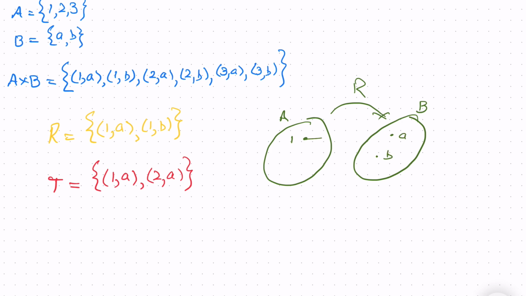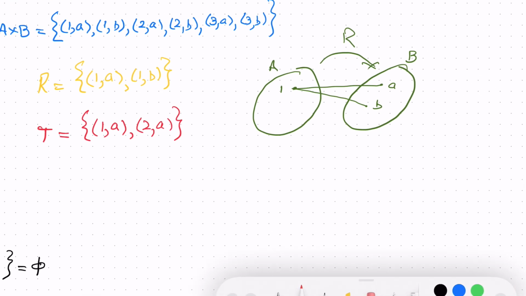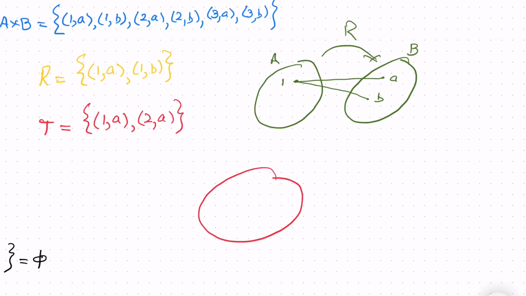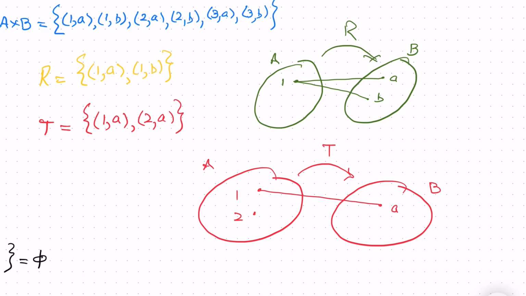And we see that 1 is related to a and 1 is related to b. And the second one is T. So once again, we draw two circles and the relation T from A to B. Now we have 1 and 2, and here we have only one element, a. So we say that 1 is related to a and 2 is related to a as well.